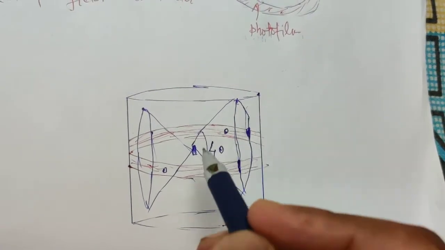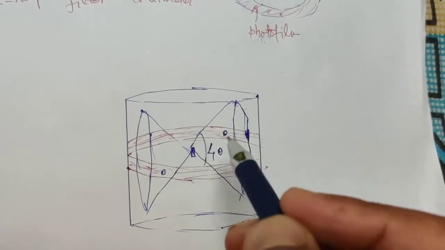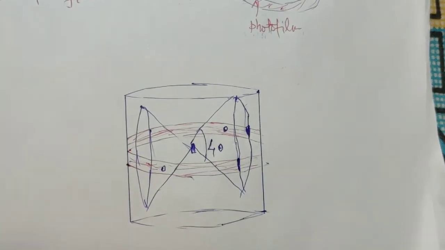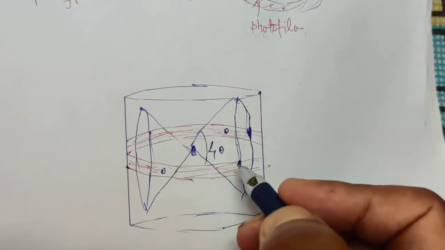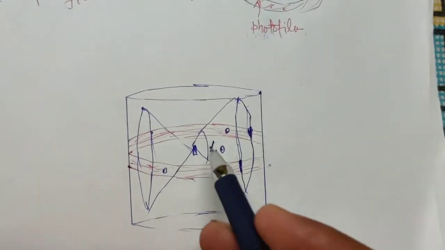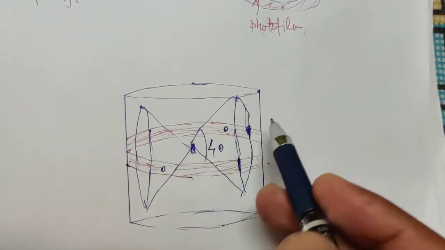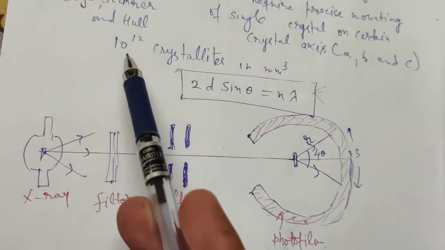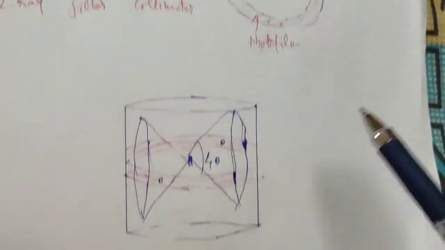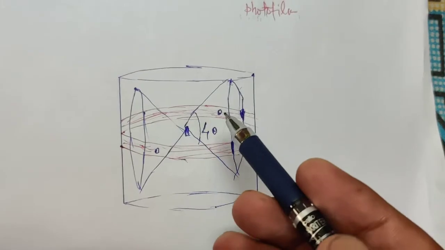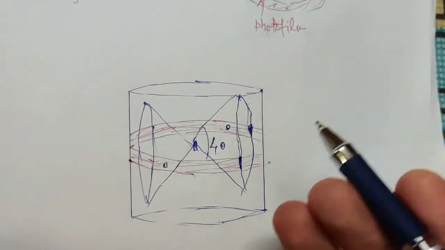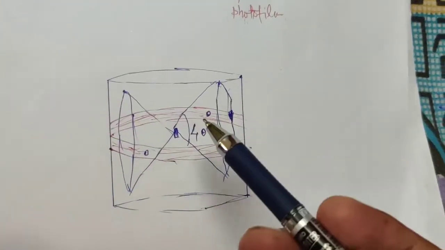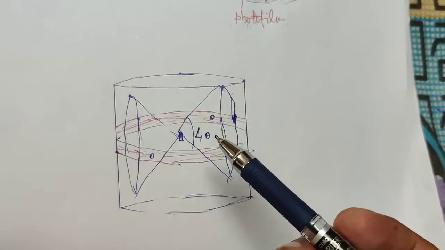Since this angle is in radians, I have to convert it into degrees. There can be many cones depending upon the orientation of the Bragg planes, because there are so many crystallites with so many orientations. This is for a particular d and a particular theta. There will be many values of d and theta satisfying this Bragg condition.